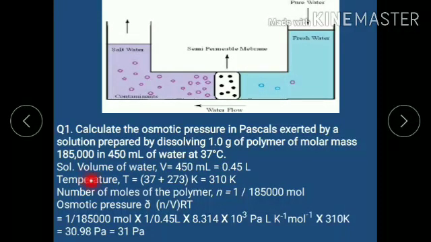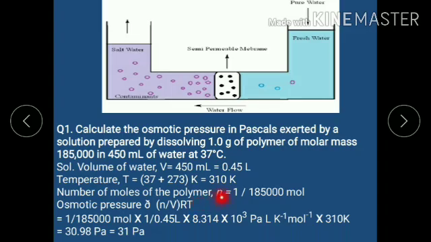Temperature is given as 37 degrees centigrade. You always take the temperature in Kelvin, because Kelvin is the standard value. So the temperature is 310. The number of moles of polymer, n, is equal to mass upon molecular mass. Mass is 1 gram.